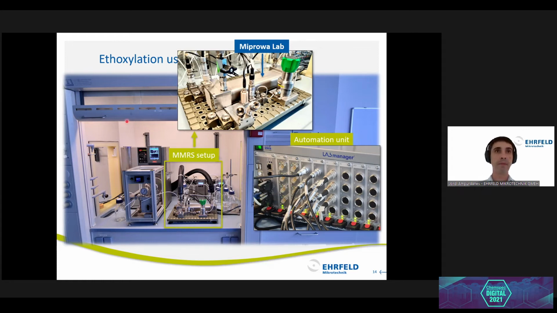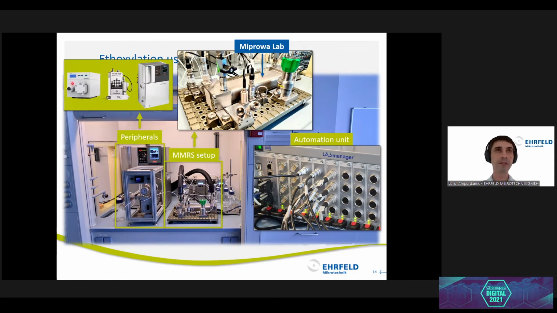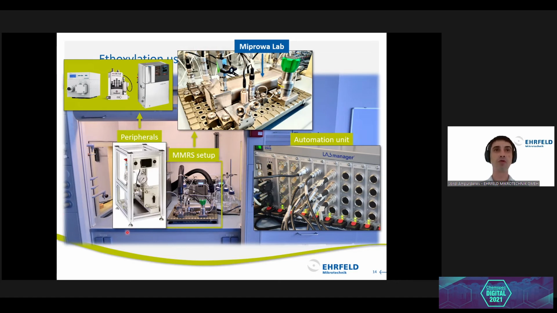Back to the setup for continuous ethoxylation. Here we have the peripherals, which in this case would be pumps, mass flow controllers, and thermostats in most of the cases. One can also go one step beyond and make use of a dosing unit, which already has integrated the mass flow controller or mass flow meter, plus the pumps, plus several valves, plus some pressure indicators.